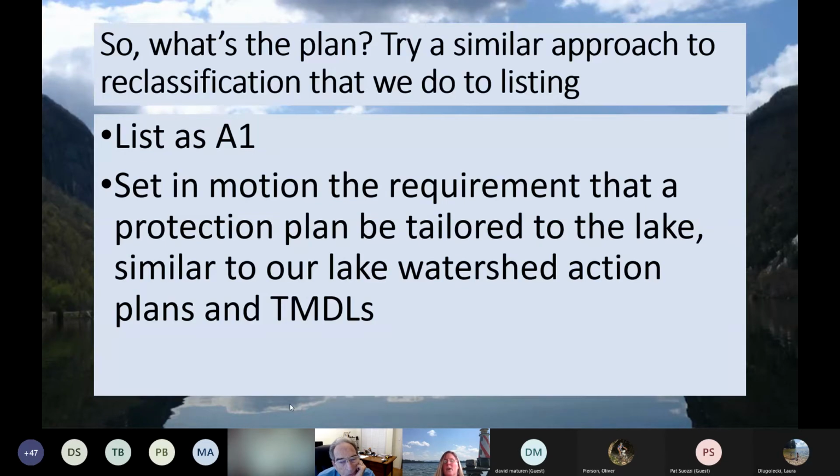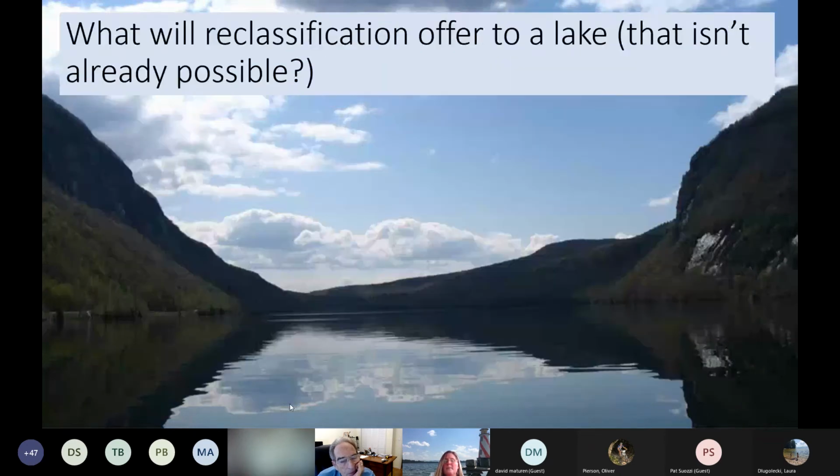So what's the plan? We're suggesting we should try a similar approach to reclassification that we do to listing. We list lakes that meet the nutrient criteria for A1 as A1. Then let's have this set in motion the requirement that a protection plan be tailored to the lake, similar to our TMDLs and lake watershed action plans.